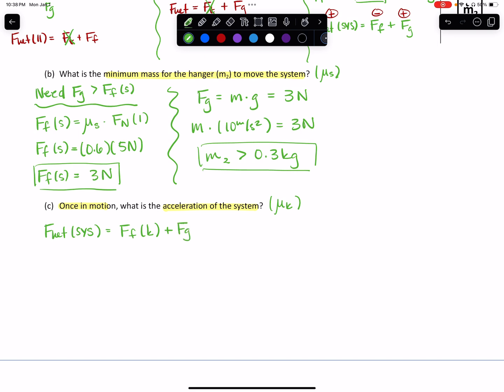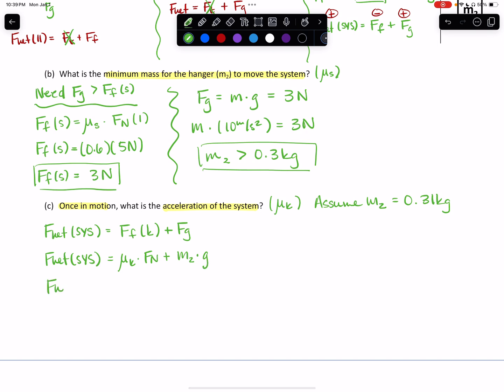Now I'm going to assume that that second mass is slightly greater than 0.3, so I'm just going to make it 0.31 kilograms so that this system will be in motion. So I know that the net force of the system is going to be equal to the kinetic coefficient times the normal force of object 1 plus the mass of object 2 times gravity.